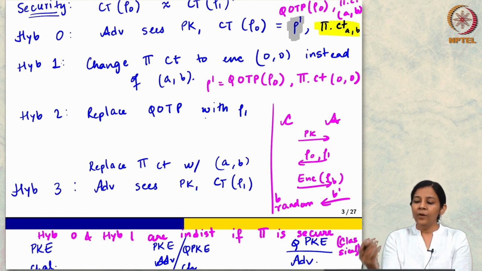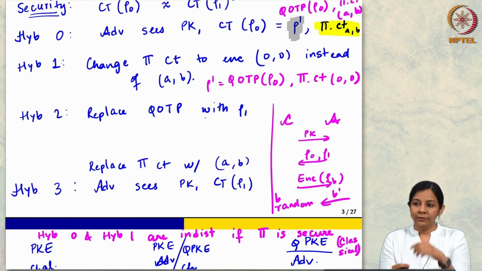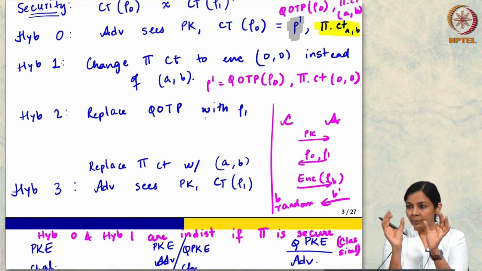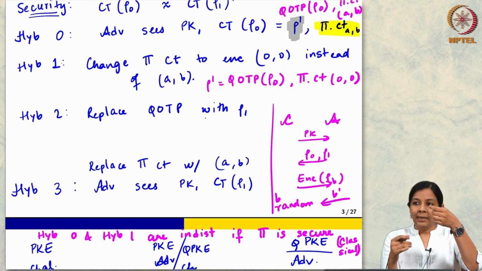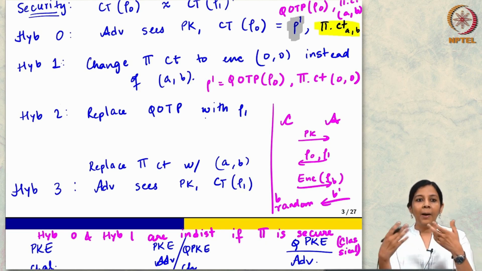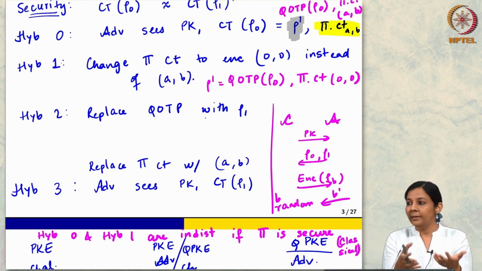Yeah, and having broken the correlation, I can replace the quantum one-time pad, okay, because again I can generate the rest of the distribution independently. The distribution includes what? The QOTP and the pi CT, right. Now, I can simply generate the pi CT on my own independently of the QOTP, right.